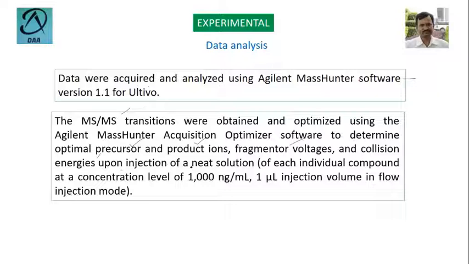This is done upon injection of a neat solution of each individual compound at a concentration of 1000 nanograms per ml and 1 microliter injection volume in flow injection mode.